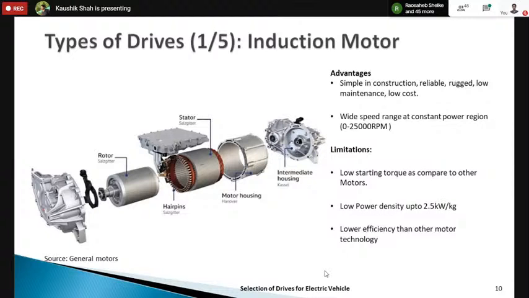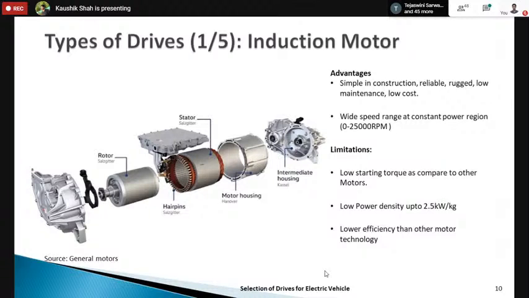But what's the advantage here? You can see that of course it's pretty simple in construction. It's low in maintenance, pretty rugged, and the lowest cost, because there is a lot of economy of scale. This technology has been quite stabilized, and it is available in a different range of speeds.